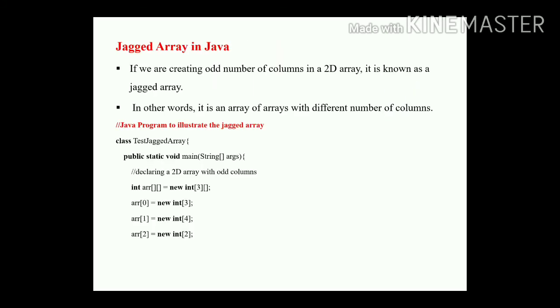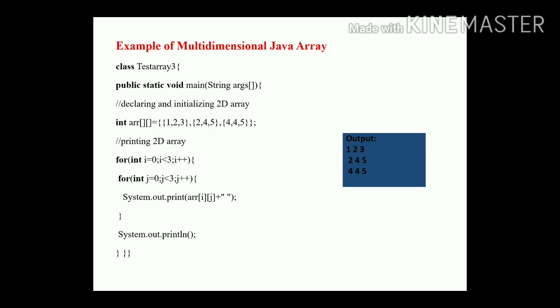Then next we discuss a jagged array. This is one of the array types in Java. If we create an odd number of columns in a 2D array, it is known as a jagged array. Odd numbers, it means not even numbers. In the previous example we printed even elements, that is 1 2 3, 2 4 5, 4 4 5.